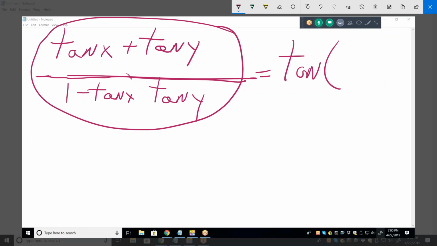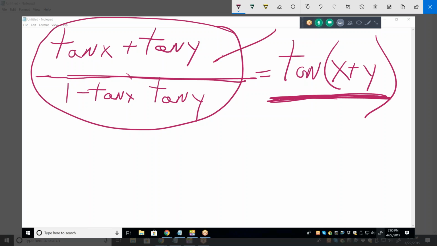Equal to, oh, yeah. Tangent of x plus y. In other words, if you started with that, you would use this, using the sum and difference formula.